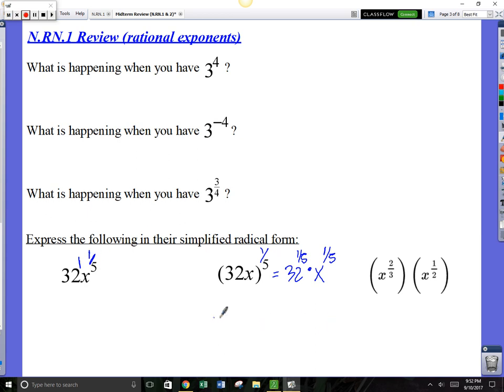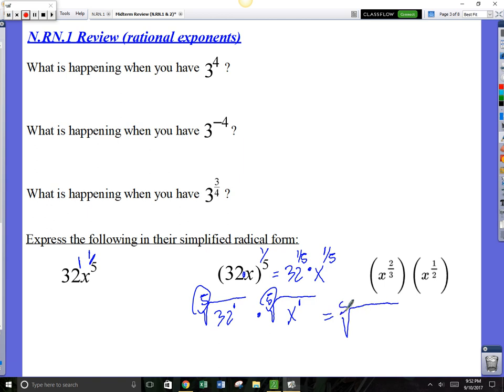So here we go. If I morph this 32 to the 1/5, you can have 32 to the 1/5, and it's all times x to the 1/5. You can do them as two separate radicals, but because they are both fifth roots, I can combine them and write them as just one.